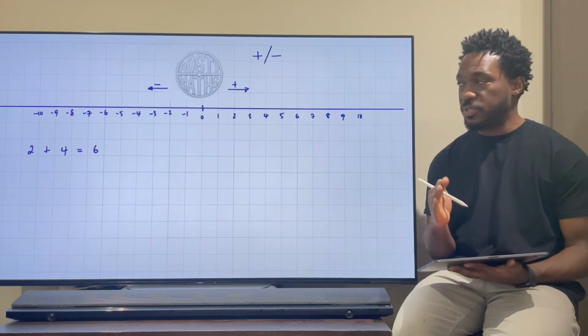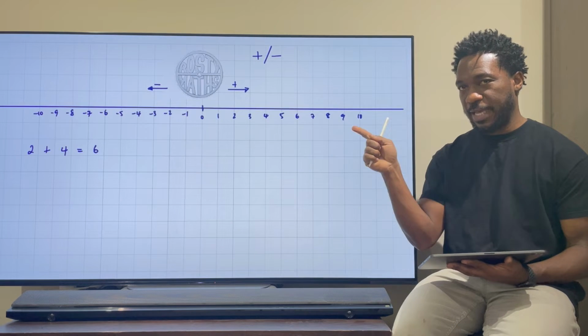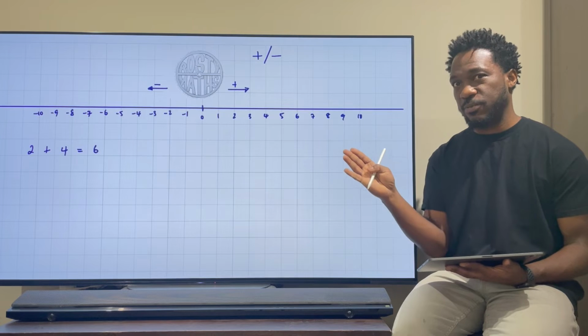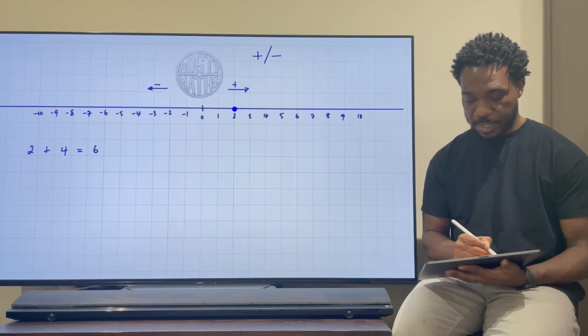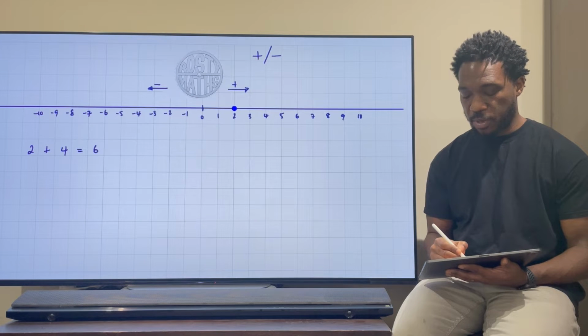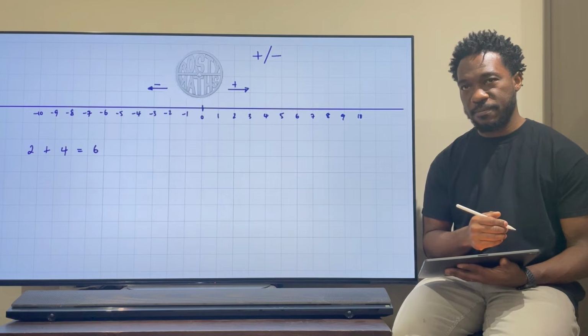So every time you see add I need to go right, and if you see subtract I'm going left, which means I'm getting less than I was before. So if I'm on 2 and I add 4, then I need to go up 1, 2, 3, 4, and so my answer is 6.